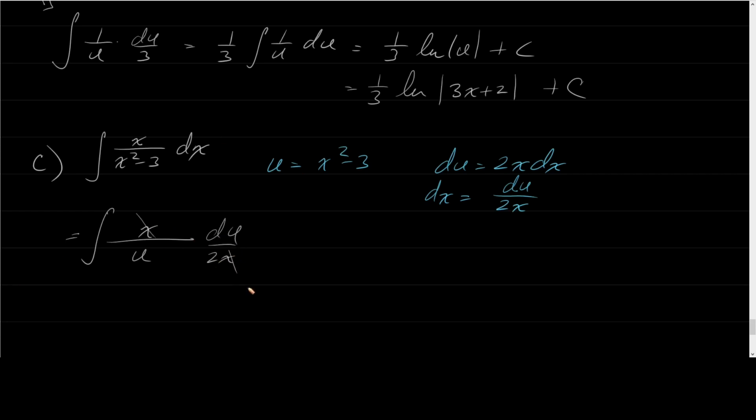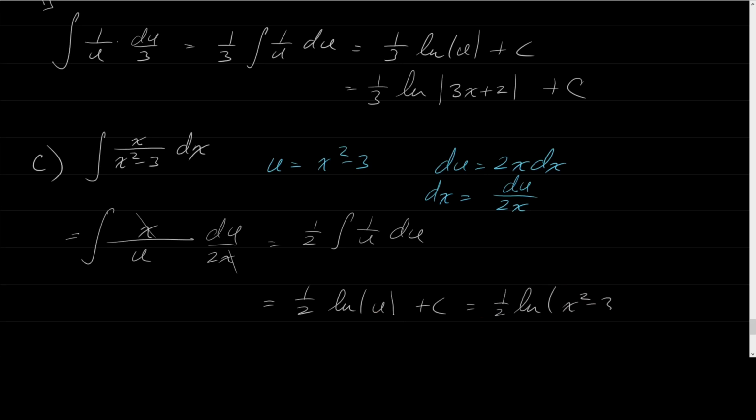The x's cancel each other out, so I really have just 1/2 integral of 1 over u du, which is ln of the absolute value of u, and u was x squared minus 3. These are still with absolute values, plus c.